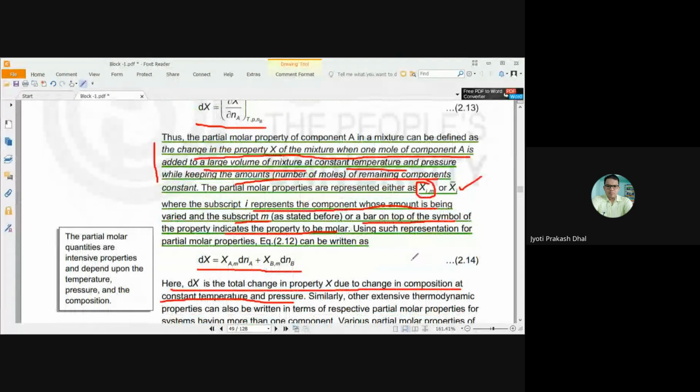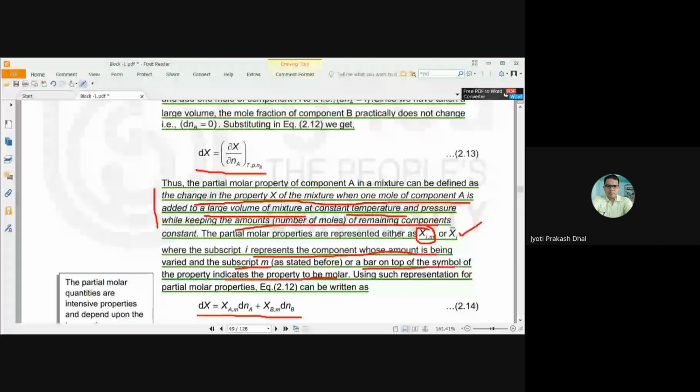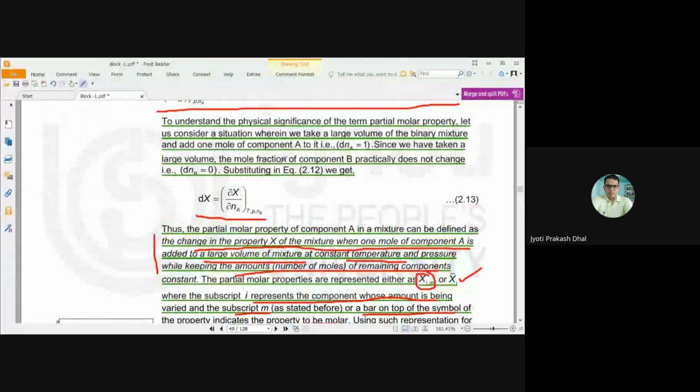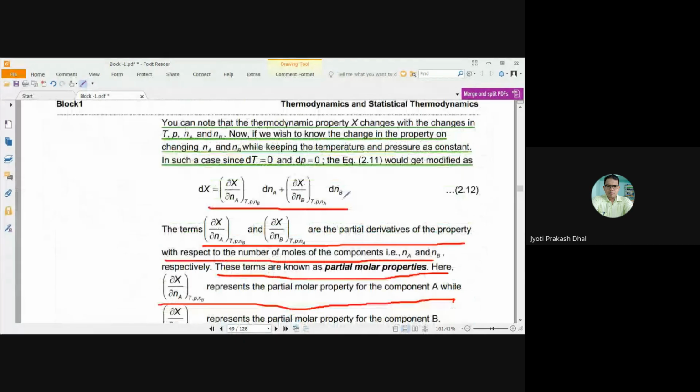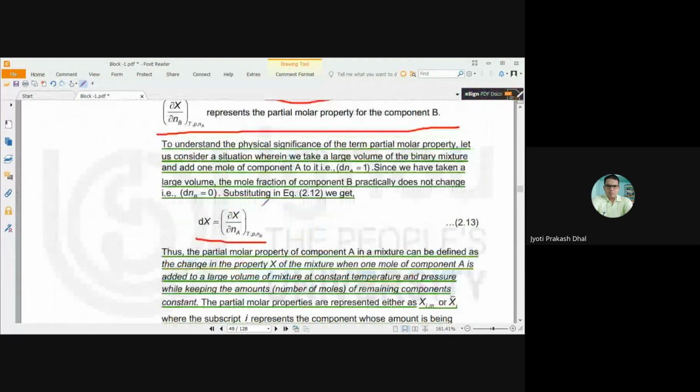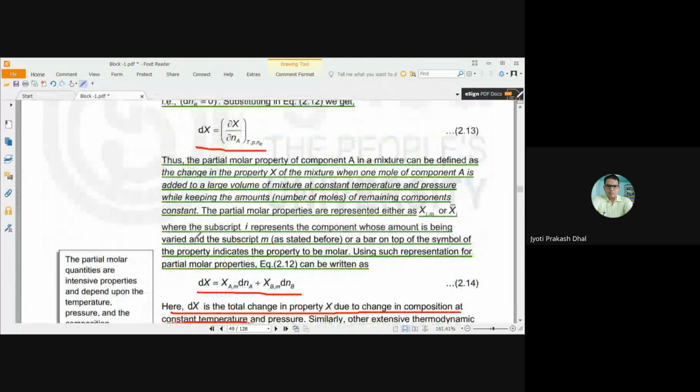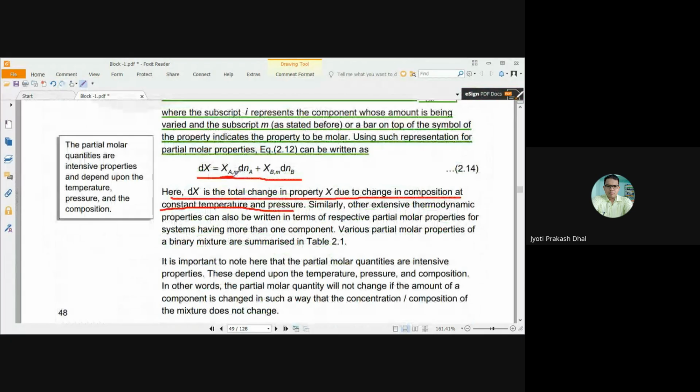So using such representation, that means if we use this type of representation in equation 2.12, here you have to put the value as X_AM. Here the component is A, and we have to put dX equals X_AM dN_A plus X_BM dN_B.